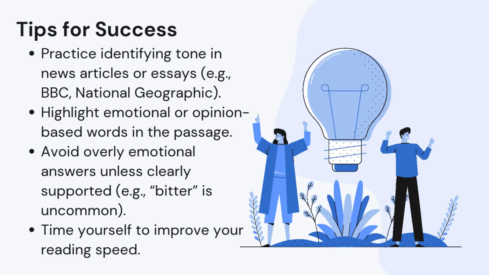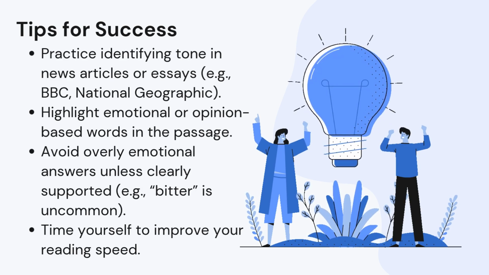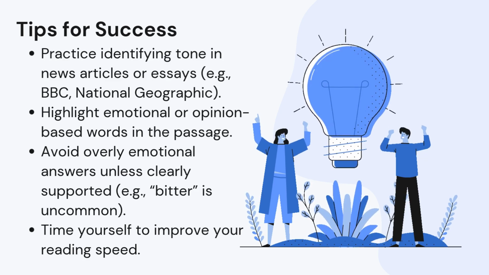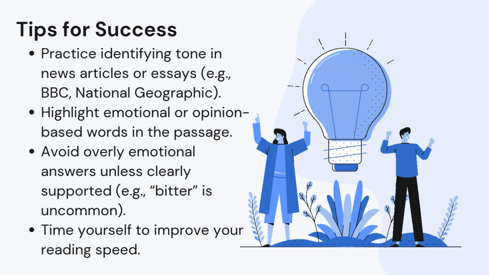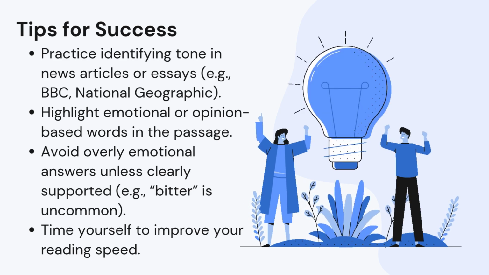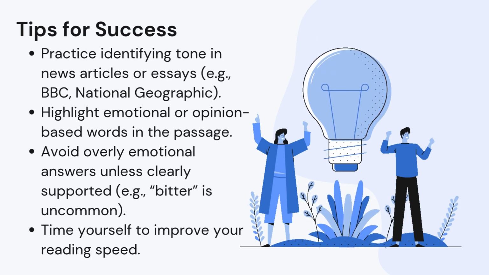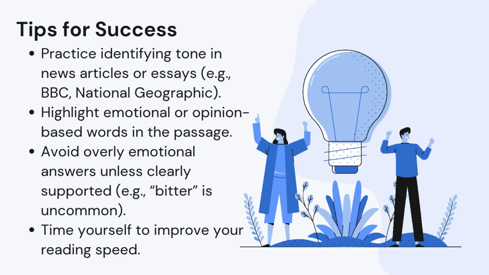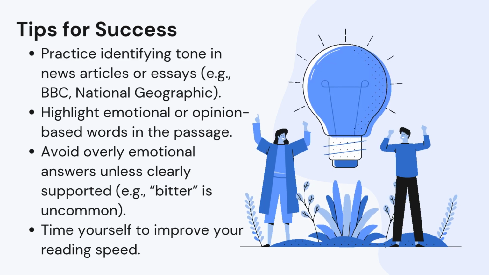These words are usually strong clues to the author's feelings. Third, avoid overly emotional answers unless the passage clearly and strongly supports them. In academic TOEFL texts, very strong emotions like bitter or furious are uncommon. And finally, as always, time yourself. Practice answering these questions efficiently to build your speed.